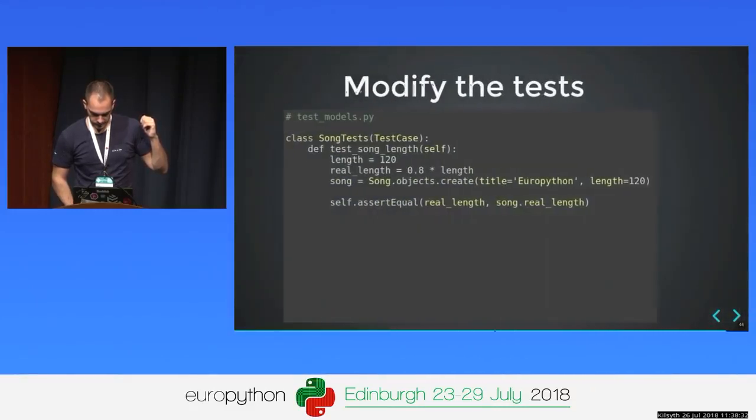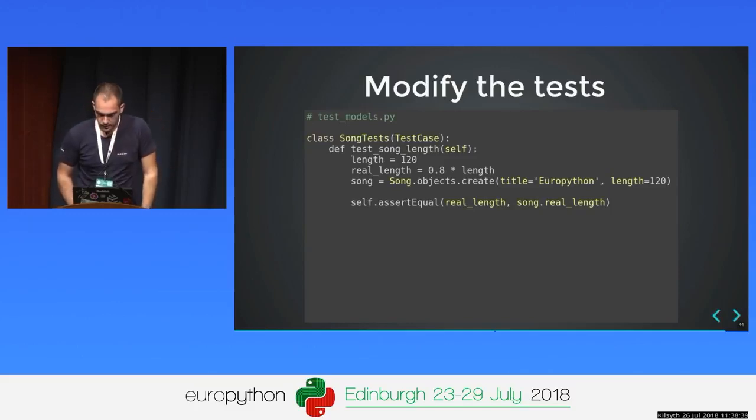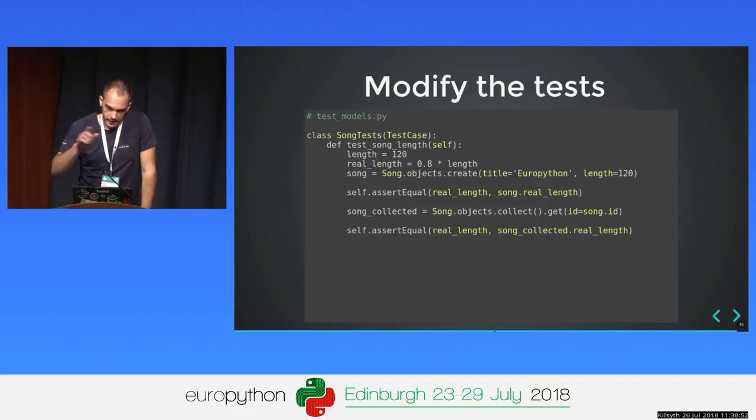Proper tests like this. We have a song object, we have the real length expected and we just assert this. So the only thing we need to do is just to get the object again with the collect, with song object collect, we get with the same ID, and assert the same thing.